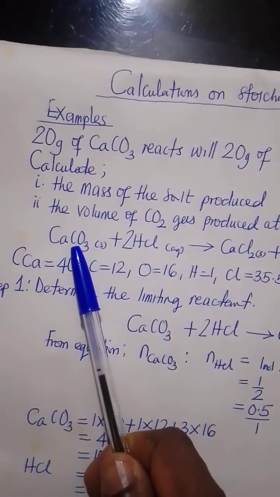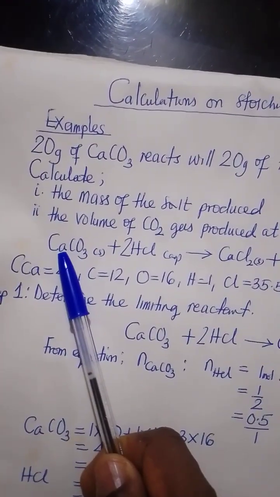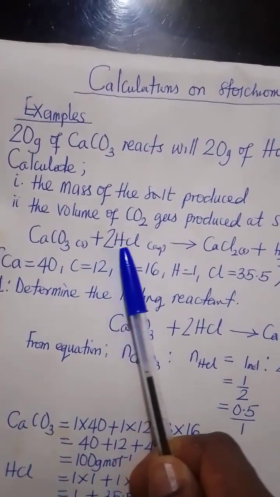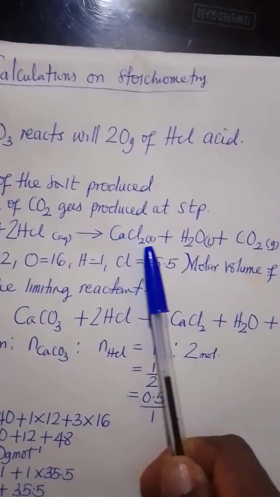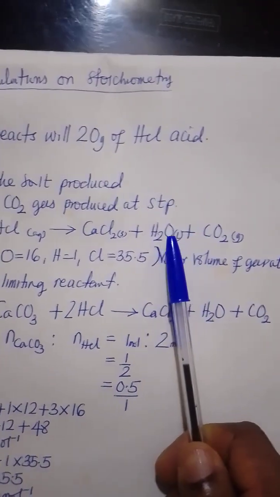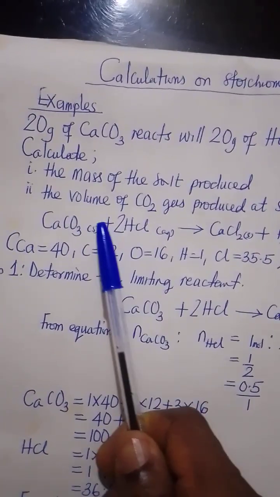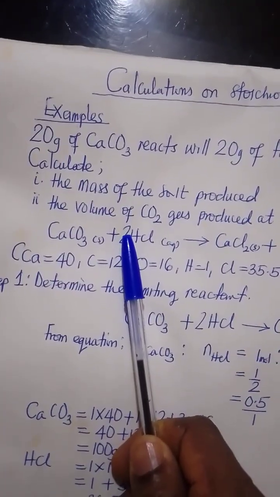You are given the equation of reaction: CaCO3 plus HCl gives CaCl2 plus H2O plus CO2. I know you are familiar with this equation because it was the equation we used in part 1.